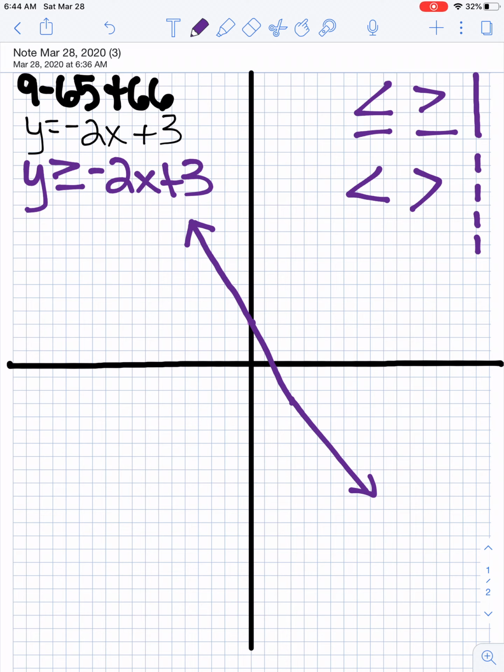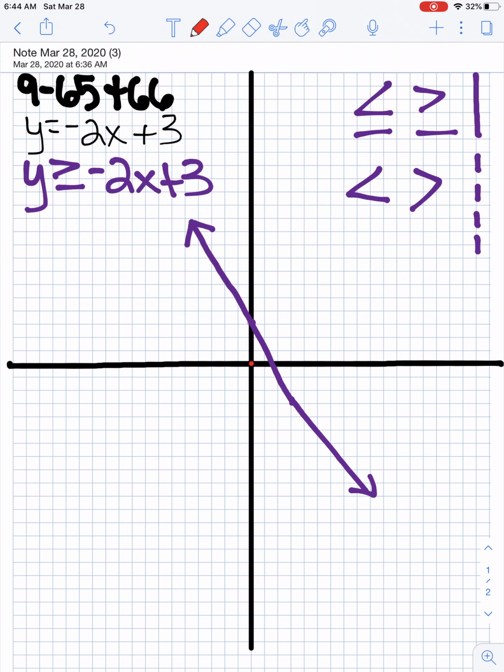That's the first part. The second part is to find where else the solution would be. So the solution can be above the line or below the line. So I always test 0, 0, and that seems to be a good point here to test because guess what? 0, 0 doesn't fall on the line.